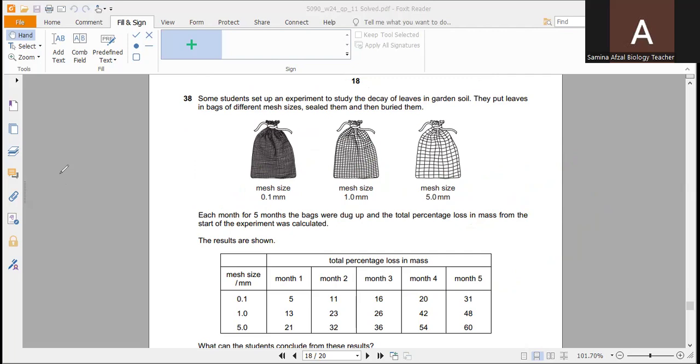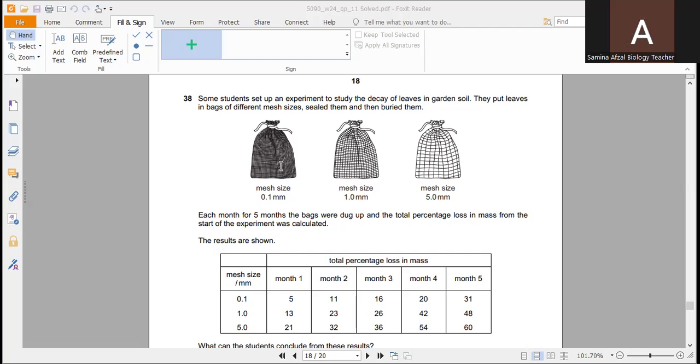Mesh size is 0.1 millimeter, second is mesh size 1.0, and then mesh size 5.0. Each month for 5 months the bags were dug up and the total percentage loss in mass from the start of the experiment was calculated. The results are shown.